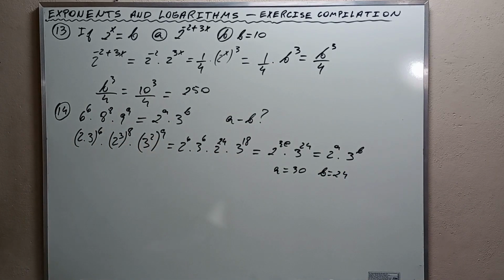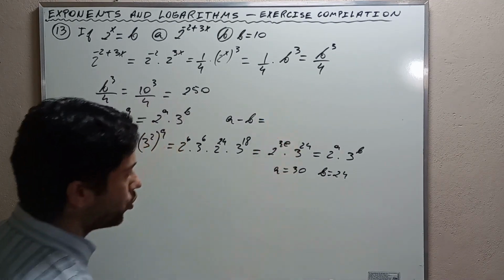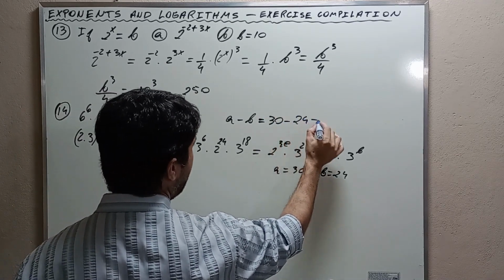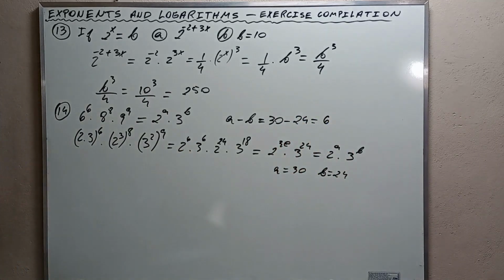Could you see why? Then a minus b is equal to 30 minus 24. And this is equal to 6. Okay, my friends? Could you comprehend exercise 14? Let's go to exercise 15 now.